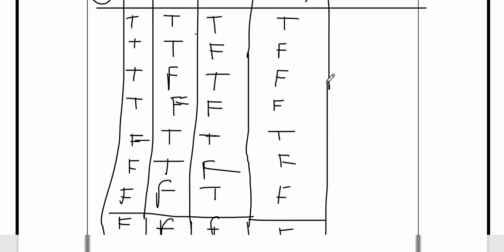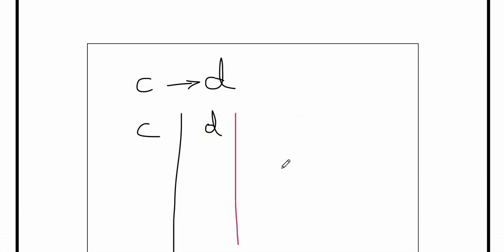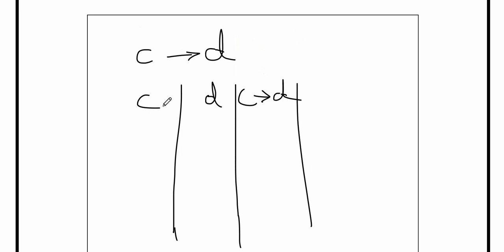So for implication I'll have to explain in a separate window how the implication works. So let's say we have C implies D, for example. So we'll have to create C and D column, and then we have to create a separate column for C implies D. Okay, I'm breaking it up further to explain how implication works in a truth table.